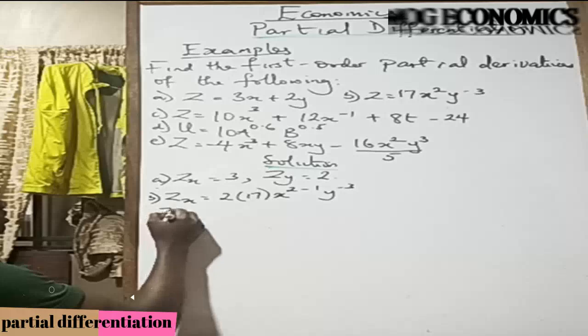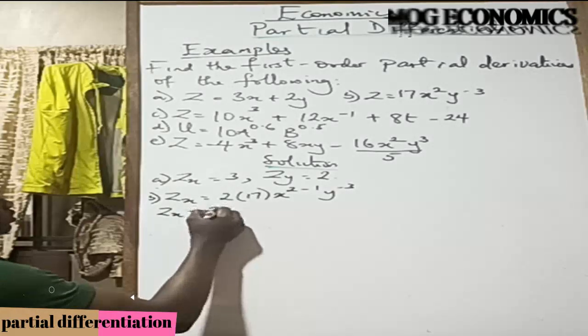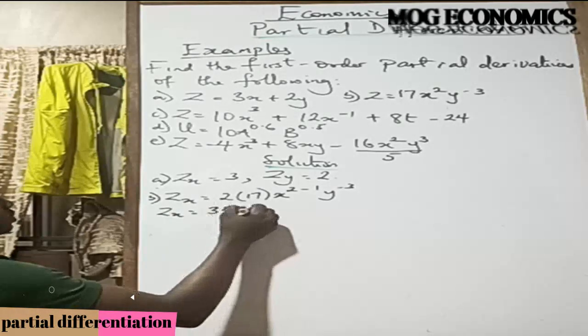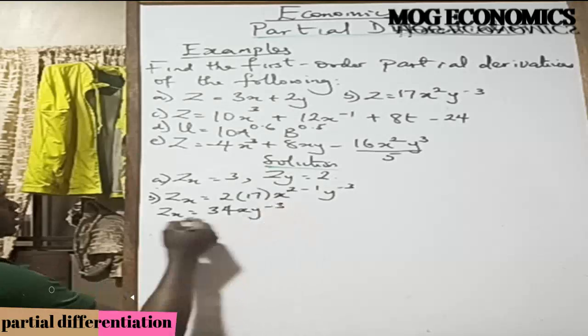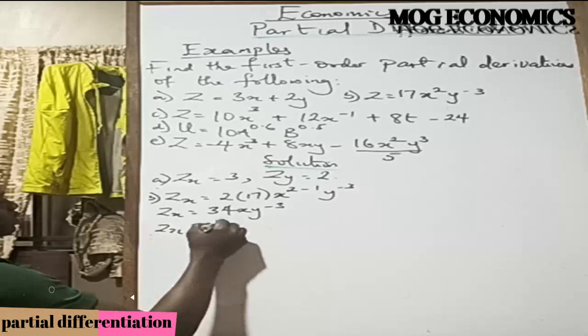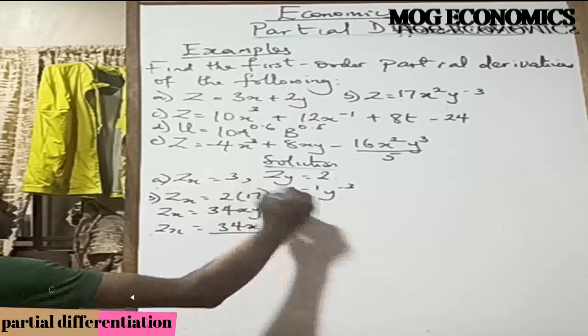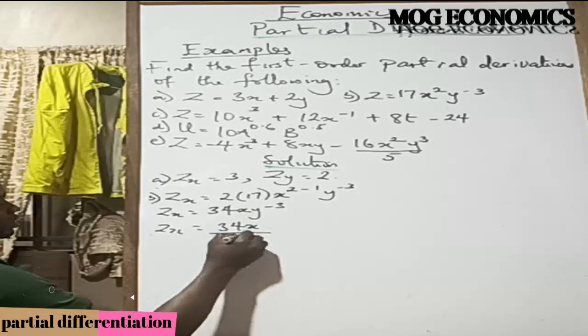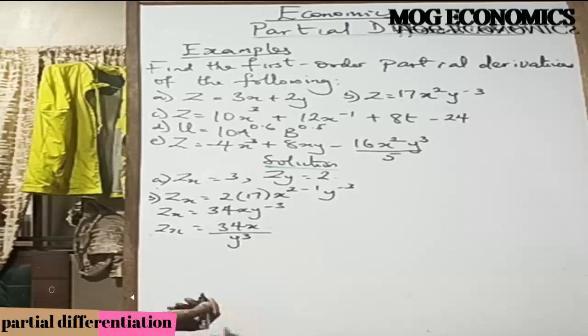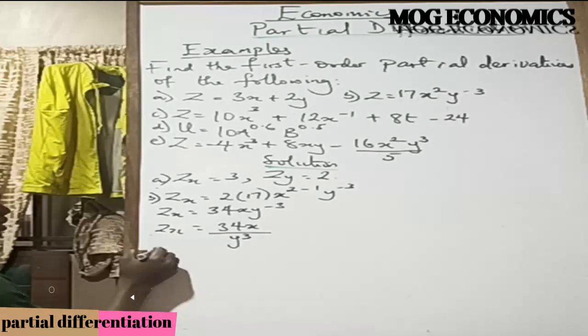So zx here equals 34x y raised to power minus 3. Then you can write this as zx equals 34x over y cubed. From the law of indices, y raised to power minus 3 when it comes down becomes y raised to power 3. Right, so that's not difficult. Then let's try the zy.